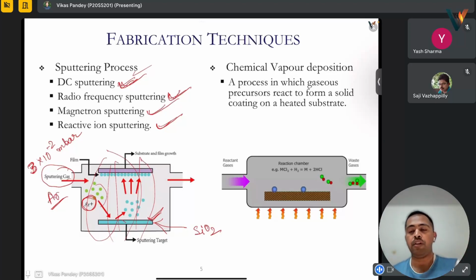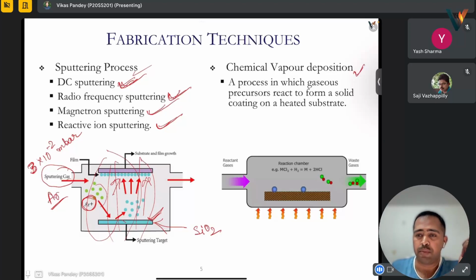Since argon is a heavy atom, it will hit with some momentum and remove the molecules, and those molecules will travel towards the substrate, depositing on it, and this substrate is kept moving, rotating. Okay, this is a simple way how sputtering occurs.